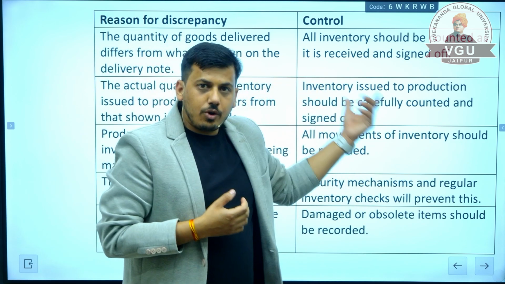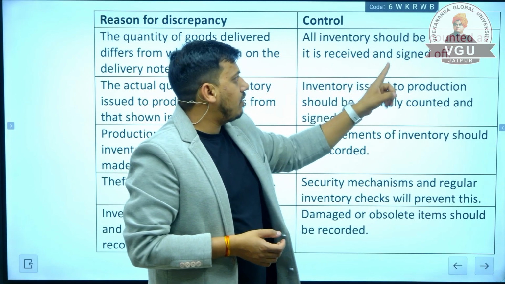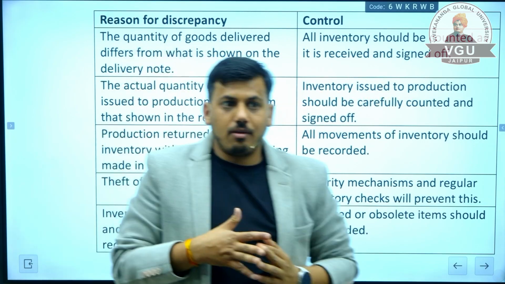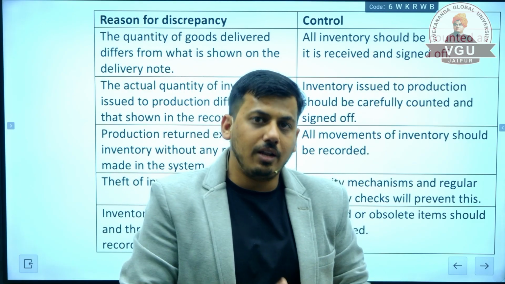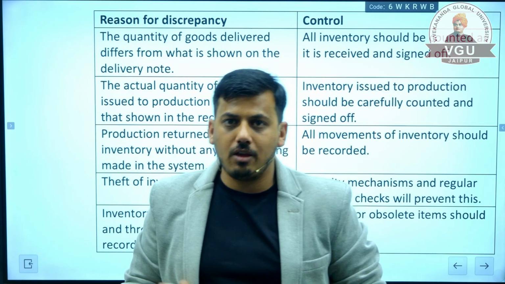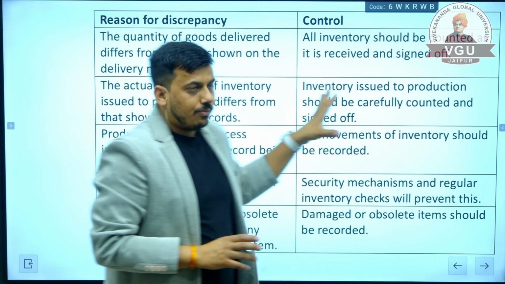What is the control method for that? All inventory should be counted as it is received and signed off. So we have to check our stock against the delivery note for how many units we are receiving. This is the control method.